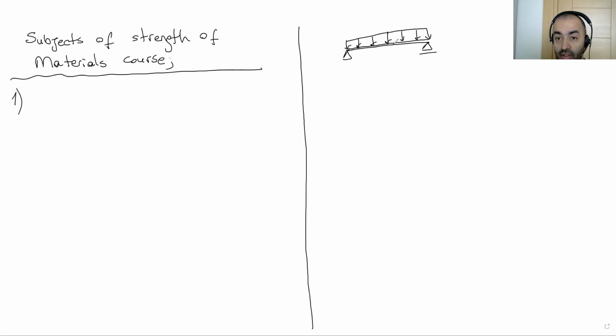Okay, the question is, what size of timber beam can we use for this beam? We will determine the size of the structural members. Design means to determine the size of the structural members.